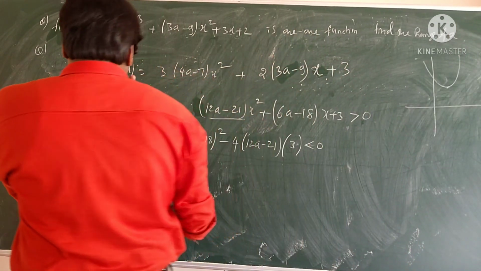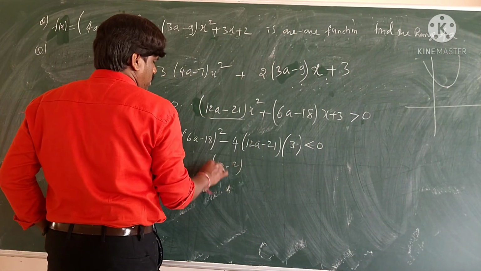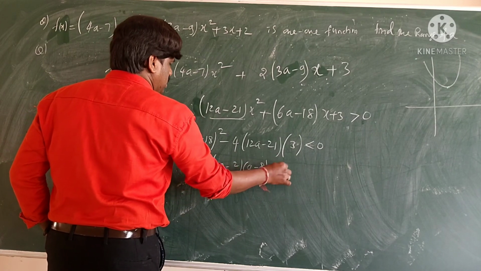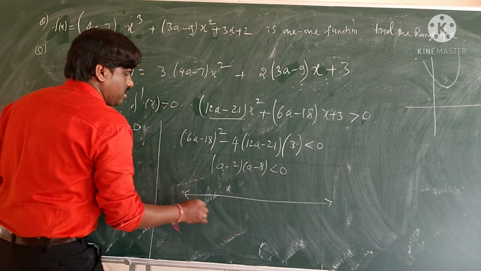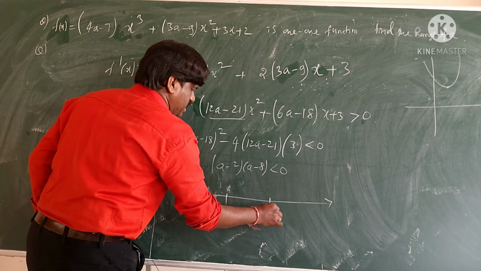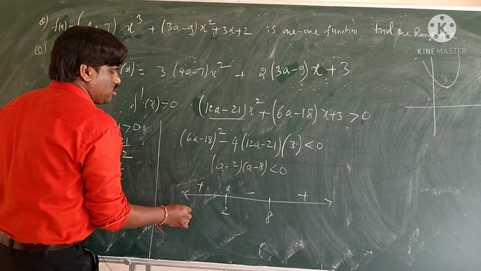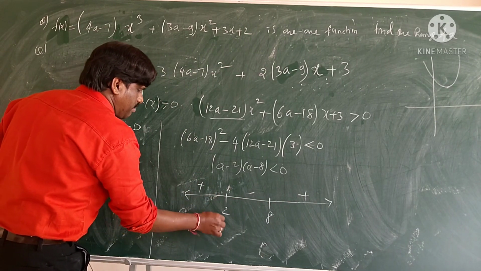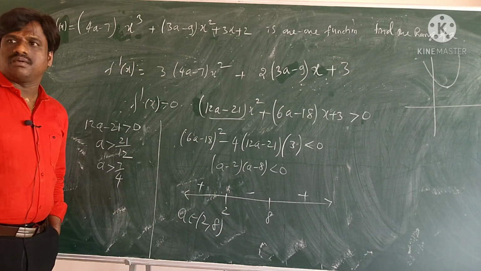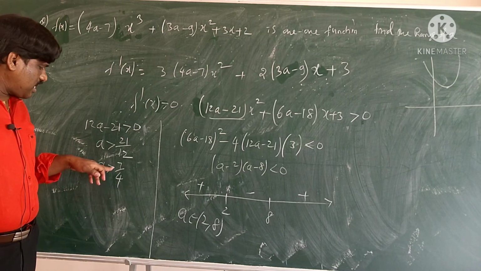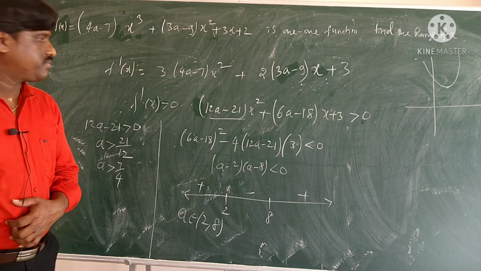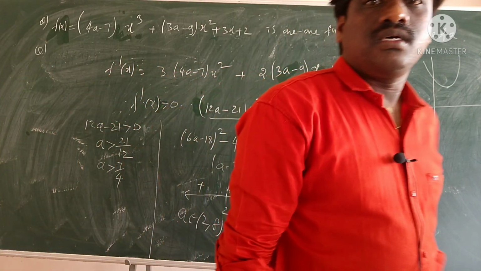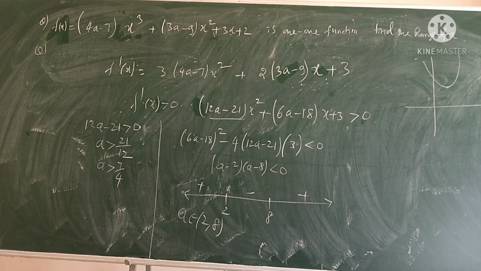So here you will get (a minus 2) into (a minus 8) less than 0. Correct? Then you can draw the graph here: 2 here, 8 here, plus, minus, plus. So a belongs to where? 2 comma 8 is the answer. But you see here a greater than 7 by 4; the value of 7 by 4 is 1.75.